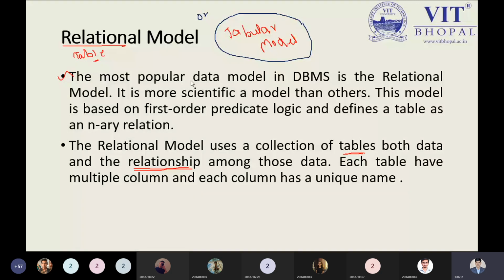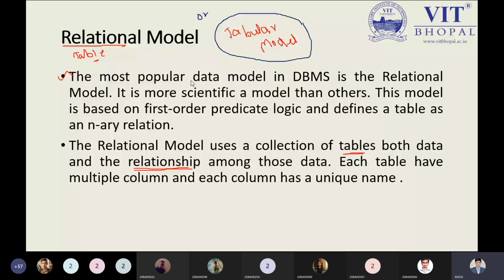If I write it multiple times, there will be no sense. The same for student roll number: taking that field or column multiple times makes no sense. That's why it is written here. We can take many columns, but each column must have a unique name. So this is just the introductory part about the first model, the relational model.